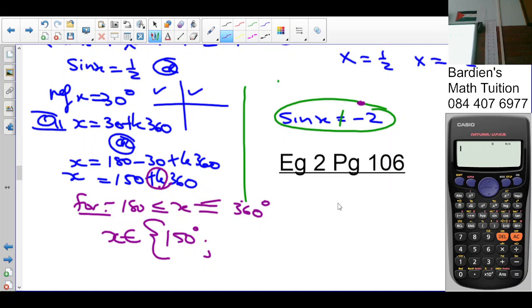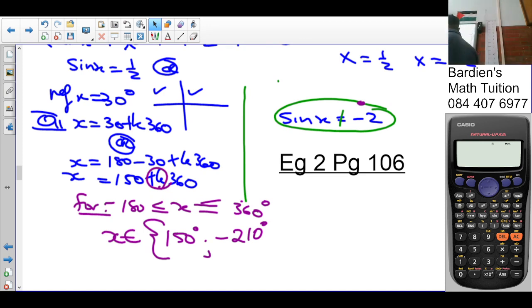So I try now negative 1. If I substitute negative 1, what do I get? Negative 210, is that correct? And if I go with negative 2, you will also see that that doesn't exist. Let me just check.